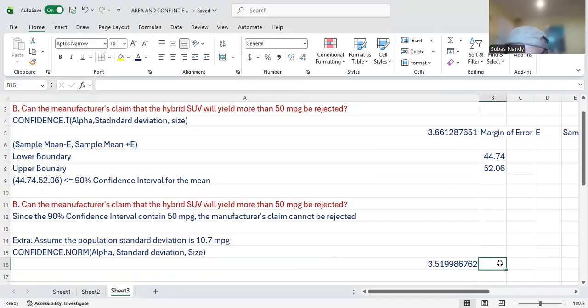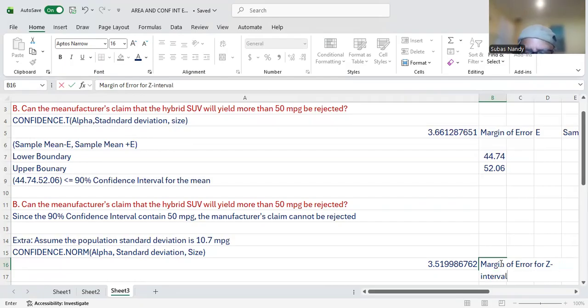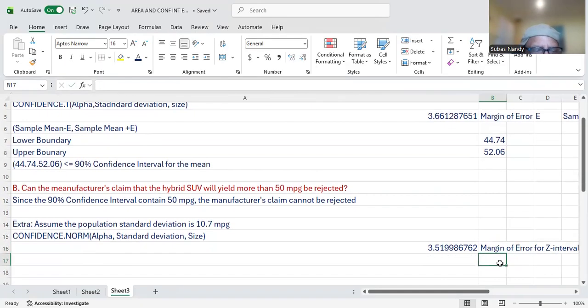Compare that margin of error with the T interval. With the T interval, assuming the sample standard deviation, the margin of error is wider than the margin of error for the Z interval. Like I said in the beginning, the confidence interval for the T interval is wider because we do not know the population standard deviation.